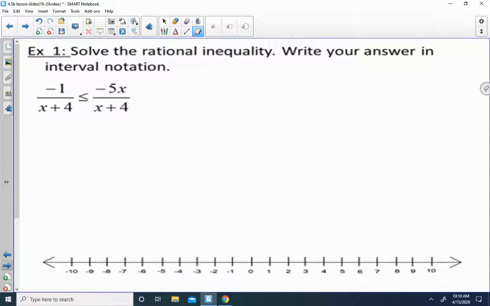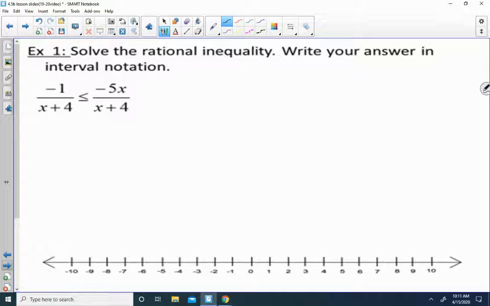But this problem is a little bit different from the ones we have worked on before, specifically because there's two rational expressions this time instead of just one. In the previous video, we only had one rational expression set greater than or less than to 0. This time we have two. And what's going to happen here is we are going to have to move the rational expressions over to one side.